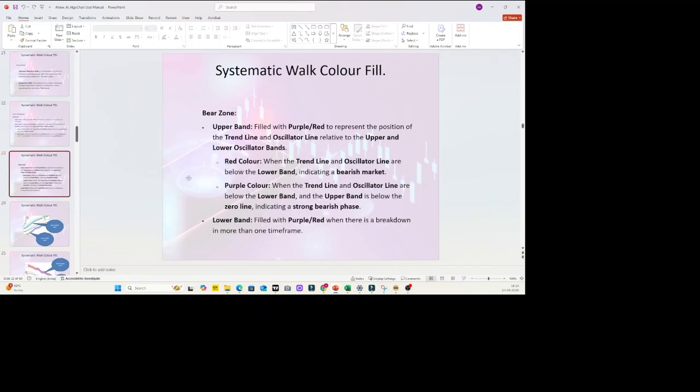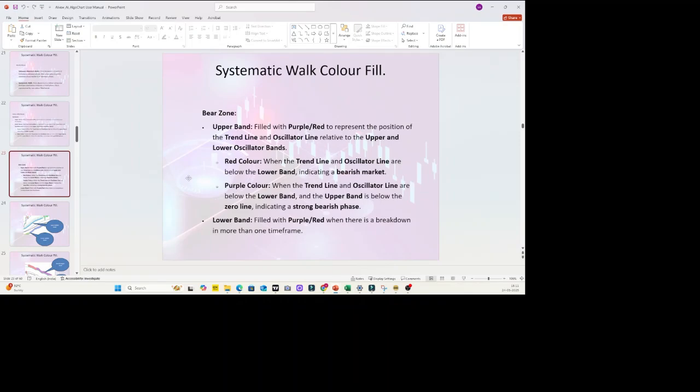Now, the opposite of this in the systematic color walk, in the bear phase: we see the upper band filled with purple or red to represent the position of the trend line and oscillator line relative to the upper and lower oscillator bands. Red is when the trend line and oscillator line are below the lower band, indicating a bearish market.